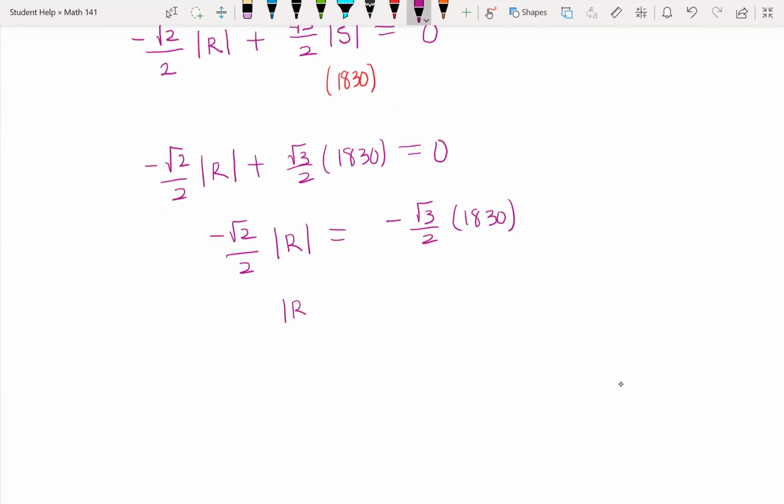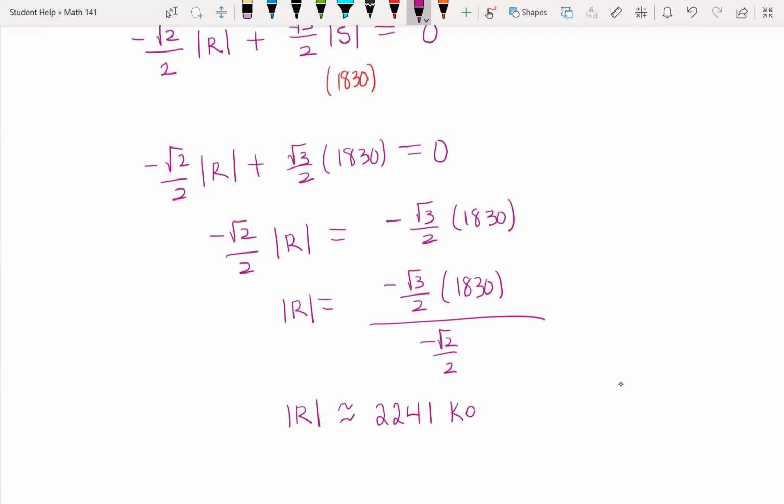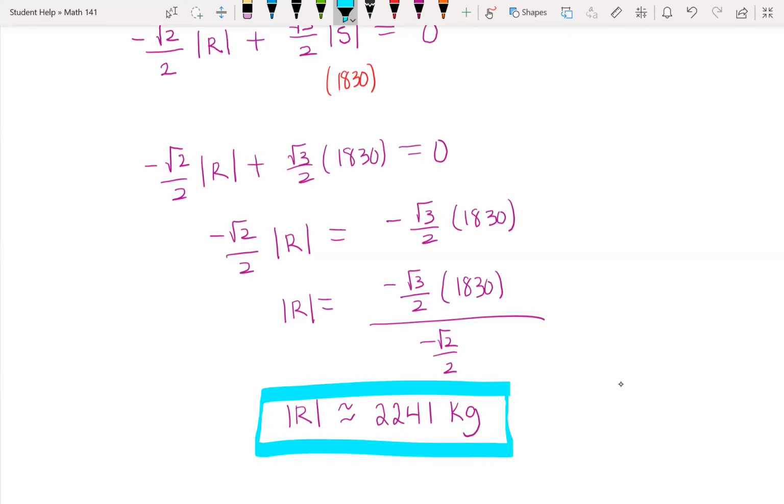And then R is going to be negative square root of 3 over 2 times 1830 divided by negative root 2 over 2. Then plug that whole thing into your calculator, and you will get that the tension on rope R is 2,241 kilograms.